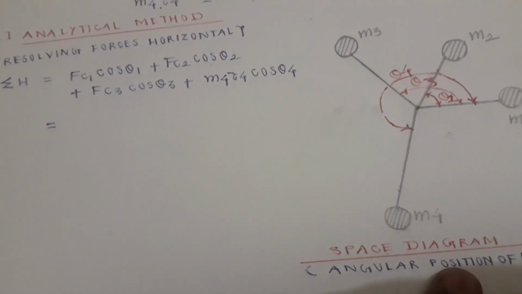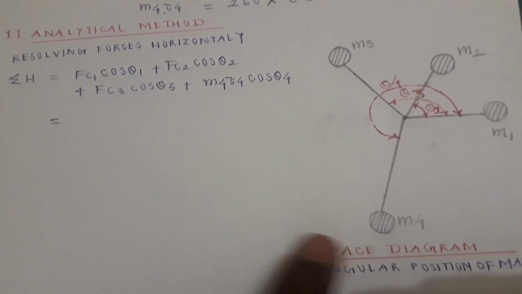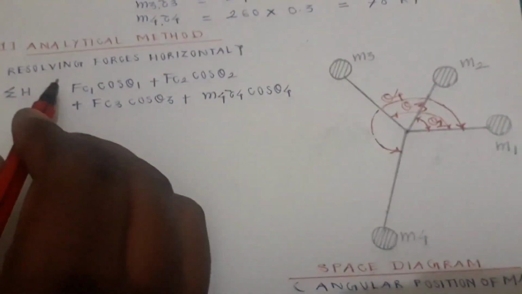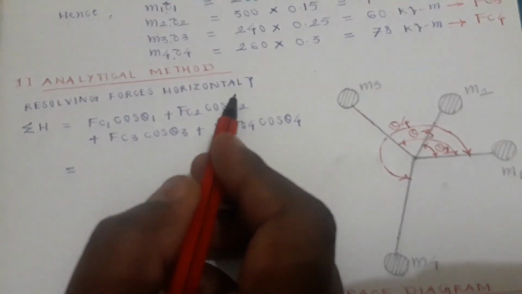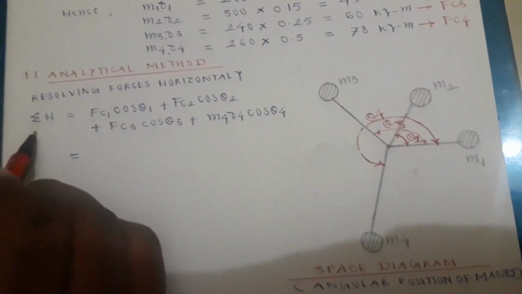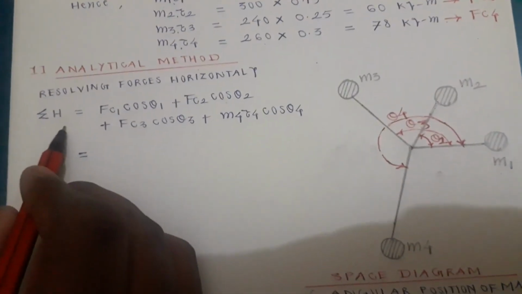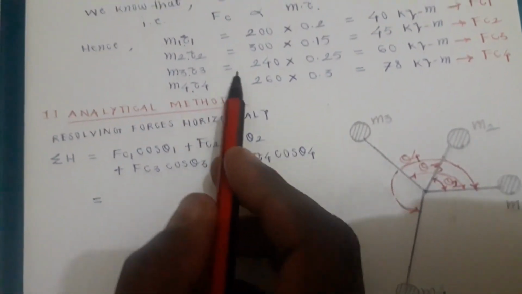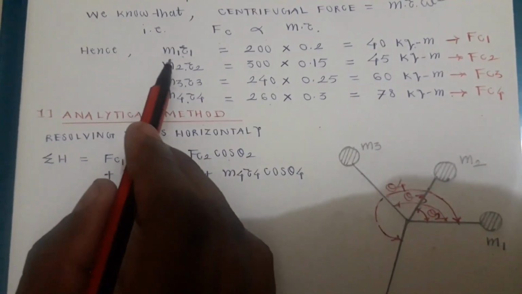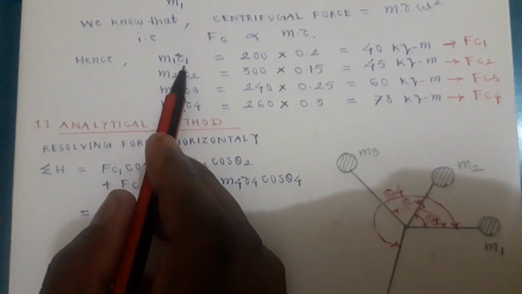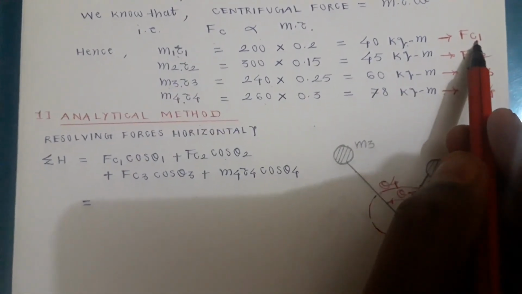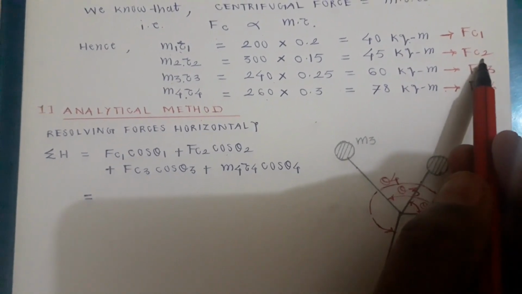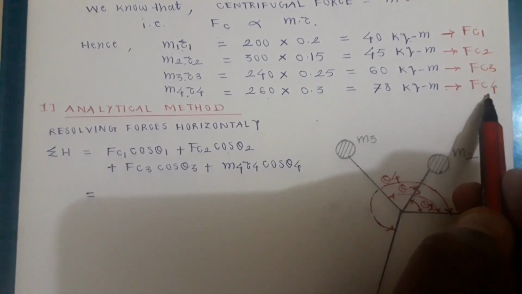Once we have drawn this space diagram, we have to consider the forces. So resolving the forces horizontally, here we have already calculated the product of mass into radius, so it will be in terms of FC1, FC2, FC3 and FC4.